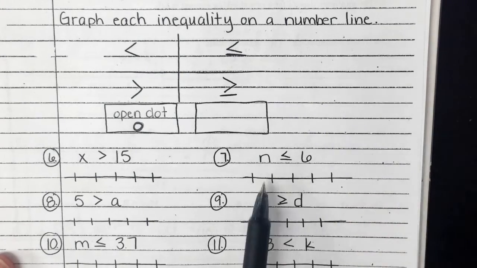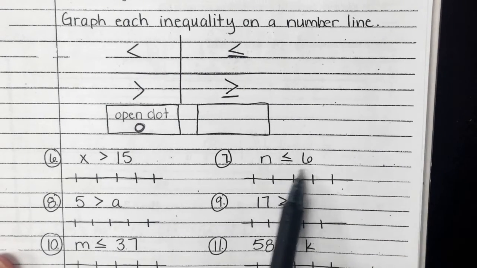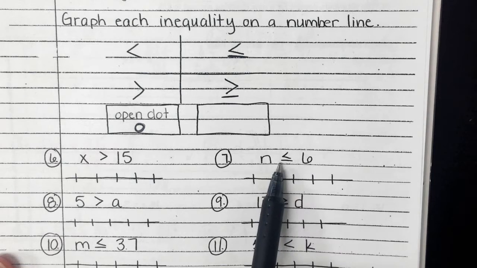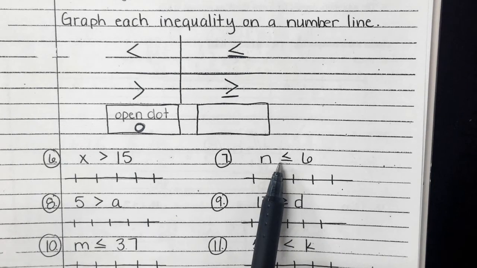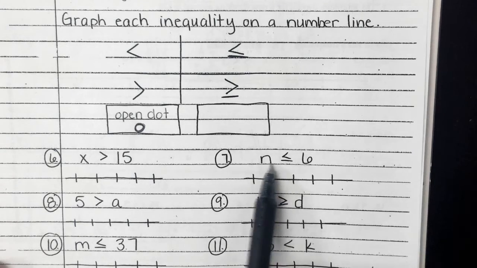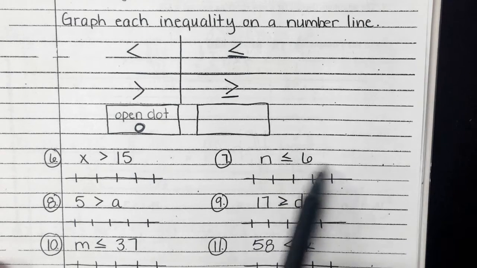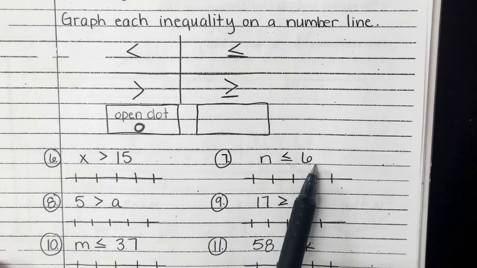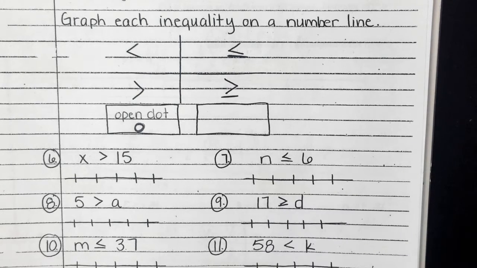For the other ones, like here, it says n is less than or equal to 6. So n can be less than 6, so 5, 4, 3, 2, 1, 0, so on. All right, but can n be 6, if n is less than or equal to 6? Yeah. So since n can be 6, that's just going to be a regular dot. It can be that number.